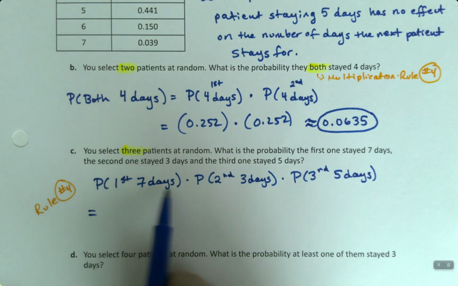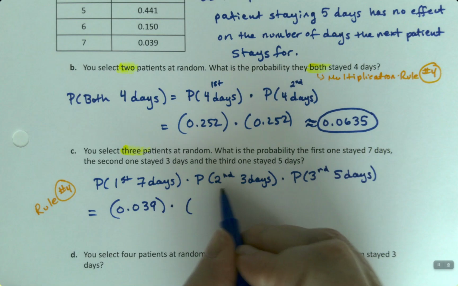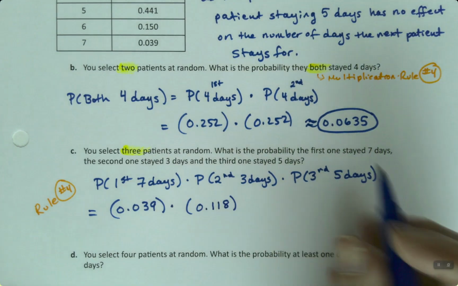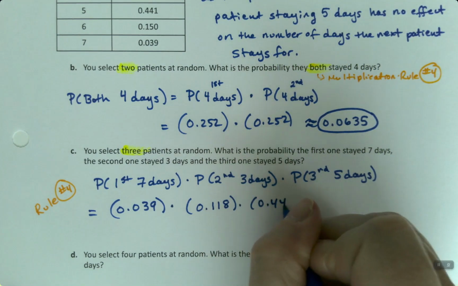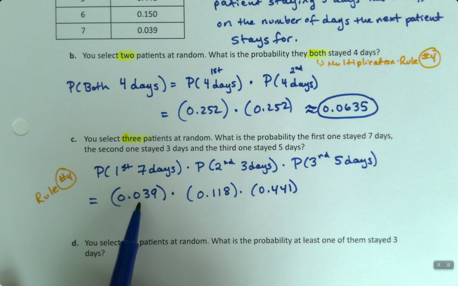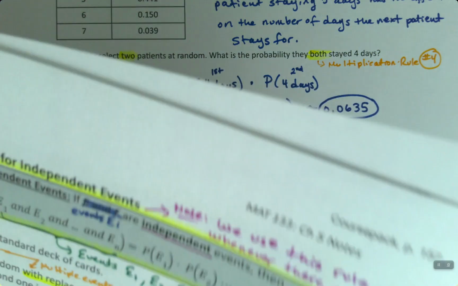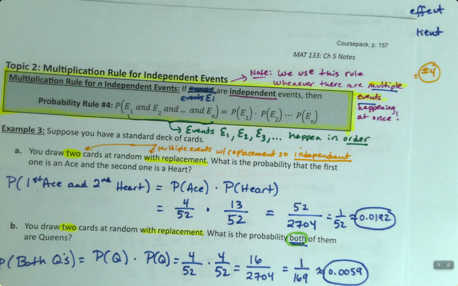All right, so 7 is 0.039, times the second person staying 3 days, 0.118, and the third one staying 5 days is 0.441. First person, second person, third person, and you multiply them because whenever you're dealing with more than one, we multiply. Remember, whenever there's multiple events, you multiply.